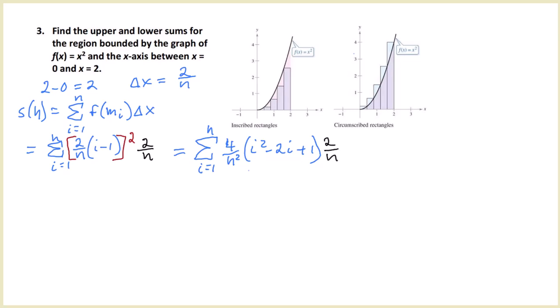So that's very similar to the first one at this point. The 2 over n in black is our delta x. Well, I'm seeing a couple of constants I can pull out. If I'm going too fast, holler.